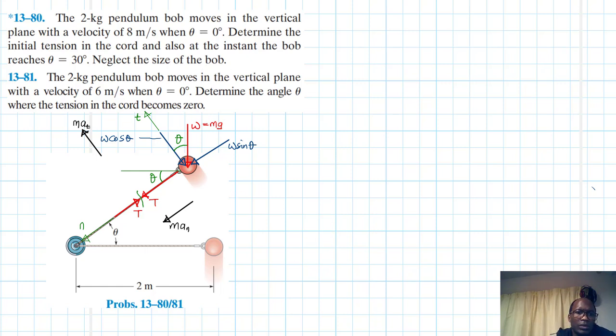So let's write down. This one doesn't look very straight to me. Let me write it somewhere there, like so. Okay, I think this is better now. Alright, this is W sin theta.